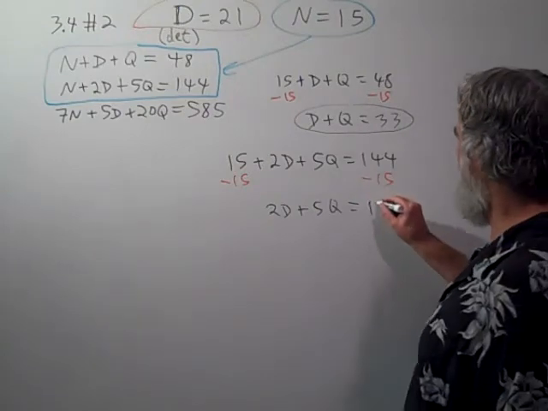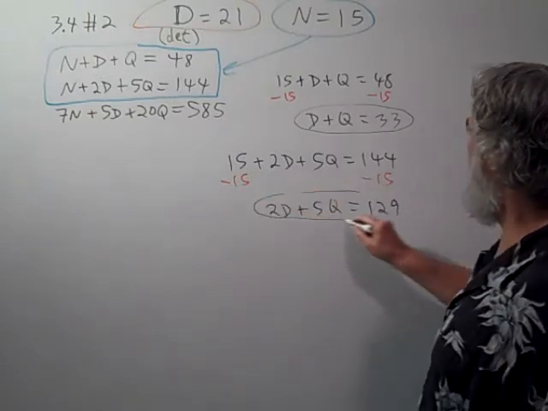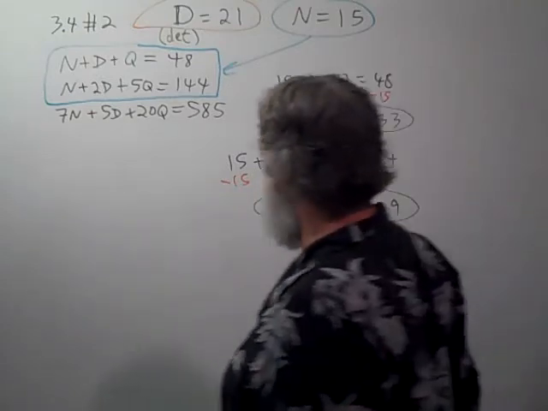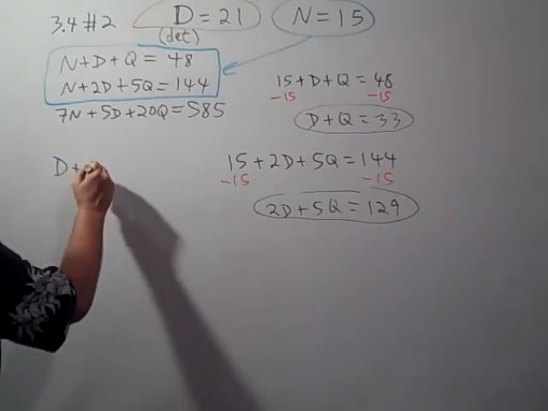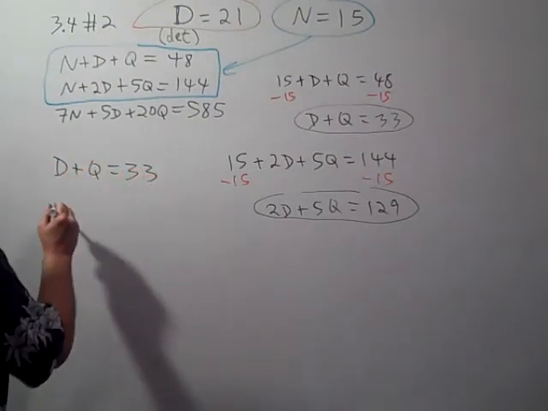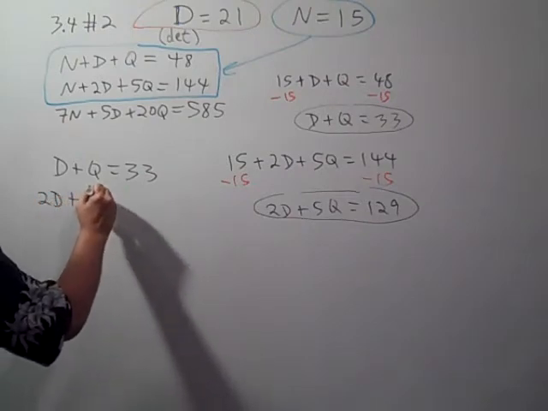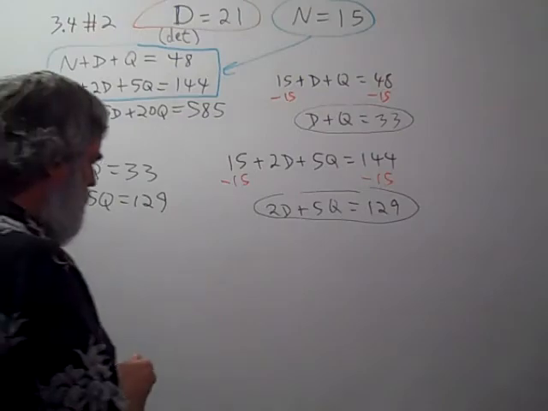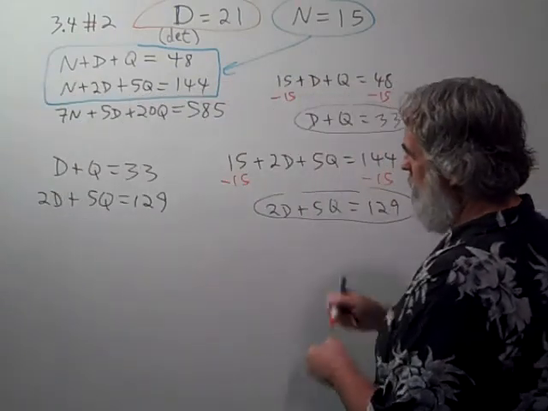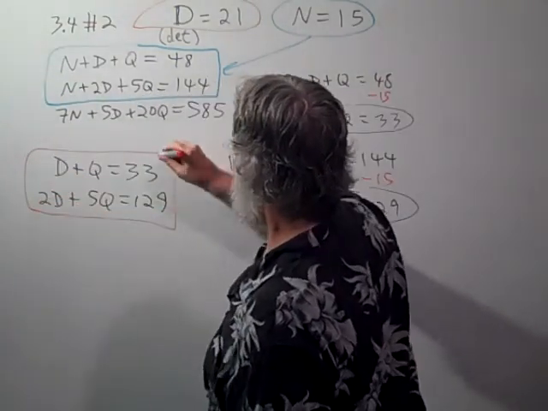That's 129. So that'll be our second little equation. So to solve this system, we can really now just solve the linear system d plus q equals 33, and 2d plus 5q is equal to 129. So this will become our new linear system to solve.